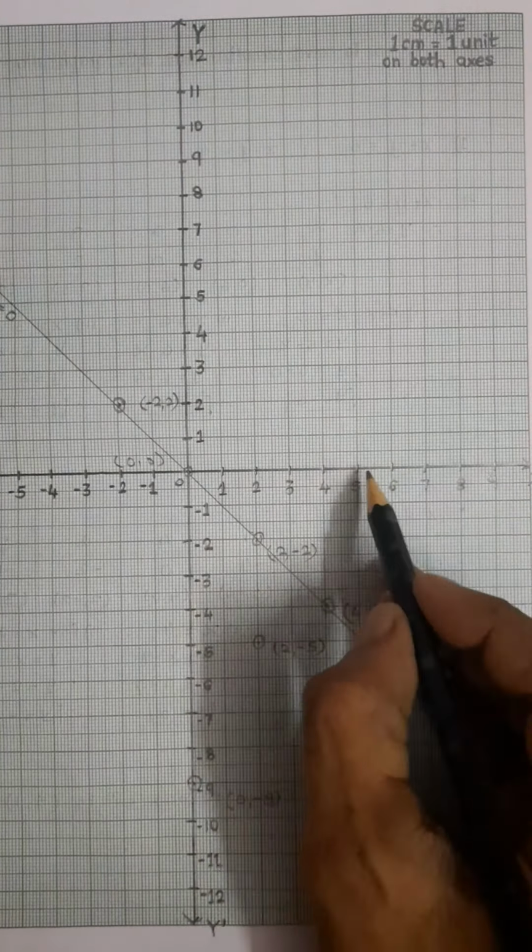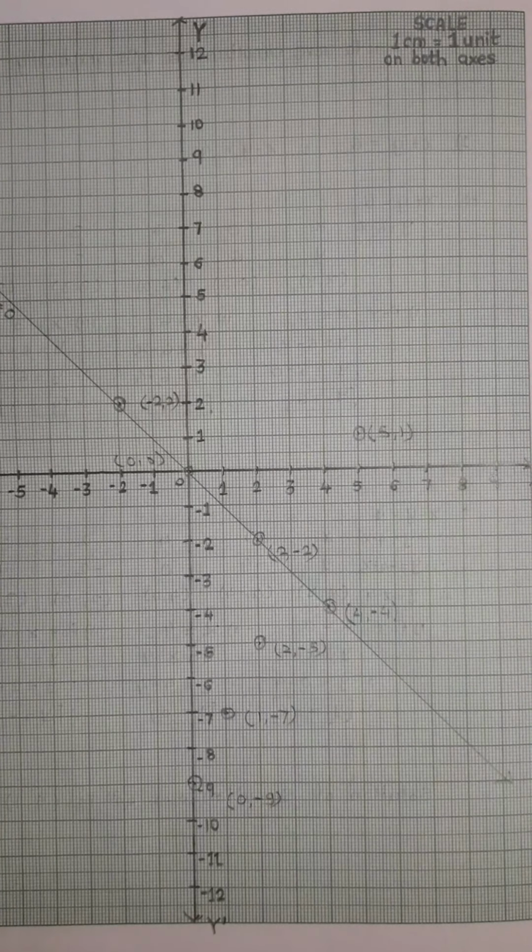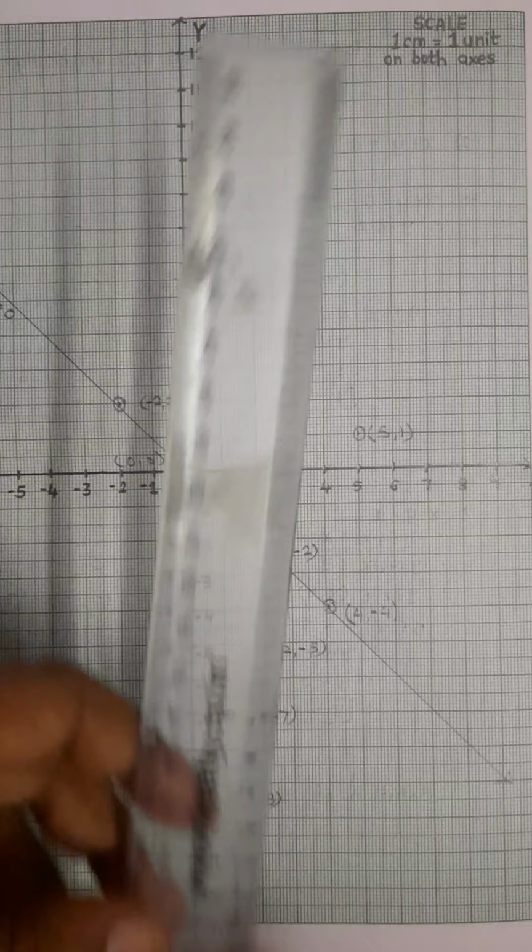And the last one is (1, minus 7). On the x-axis we have to see the 1, and on the y-axis we have to see the minus 7. It is here. Therefore the point is (1, minus 7). Like this we got 4 ordered pairs. They are collinear.